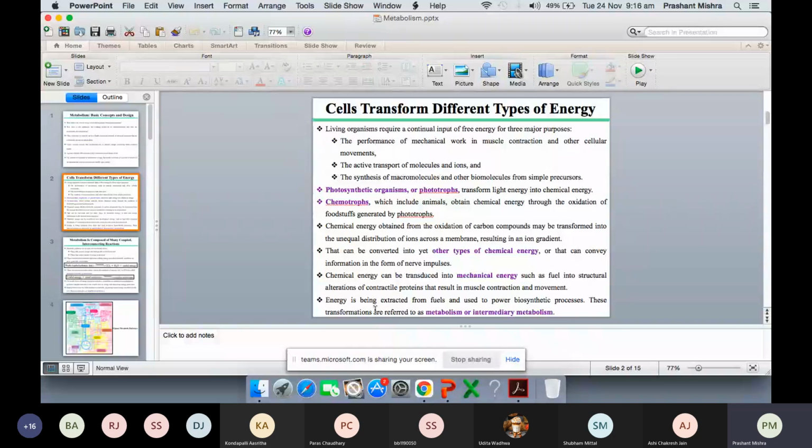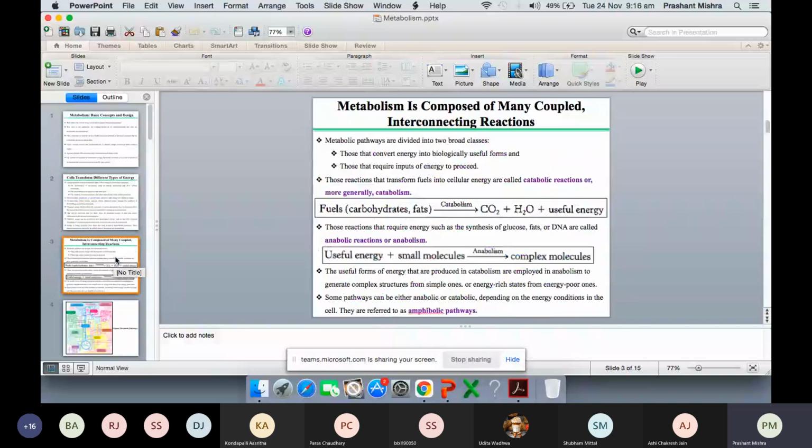We are extracting energy from solar or light energy, which is converted into chemical energy by phototrophs, and this chemical energy is utilized by chemotrophs, which then use it for various other transformations. And all this network of transfer of energy, the reactions which form energy or utilize this energy, is termed metabolism or intermediary metabolism.